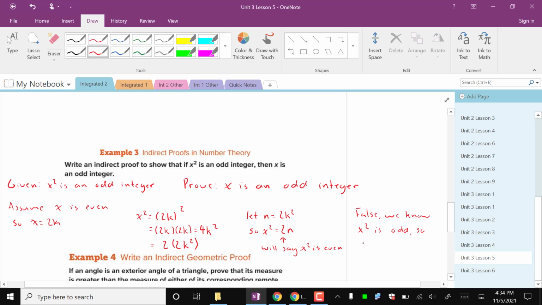So x is odd. And there you go. So again, you want to assume the opposite, and by assuming the opposite, you prove that it can't be that. So since it can't be that, then therefore what we originally wanted to prove is true.